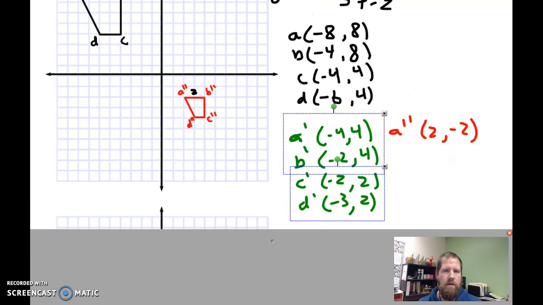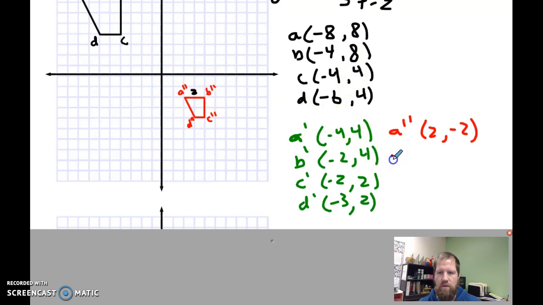And my B, I won't go through all of these, but my B double prime is at 4, -2. That should be enough for me to be sure of my movements, to be sure how much and in which direction I translated.